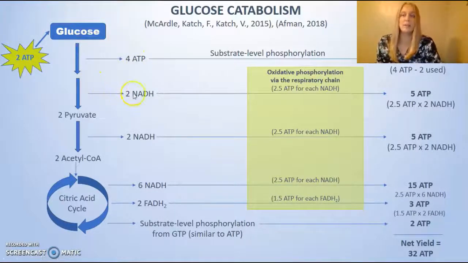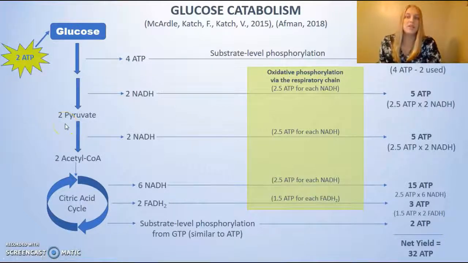Hydrogen molecules come off and bind to the NAD that's already in the cell, creating NADH, and the result is 2 pyruvate molecules. Now, the 4 ATP that was produced only ends up being a net gain of 2 ATP since there was 2 ATP needed to start the reaction.